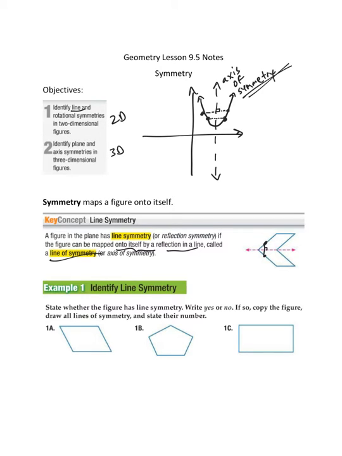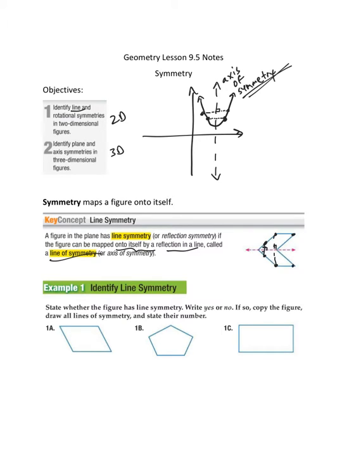That line of reflection, if you will, or line of symmetry, is the perpendicular bisector of points. They map onto each other, and this is going to be true for any point on this figure. That line is going to be a perpendicular bisector of those segments.